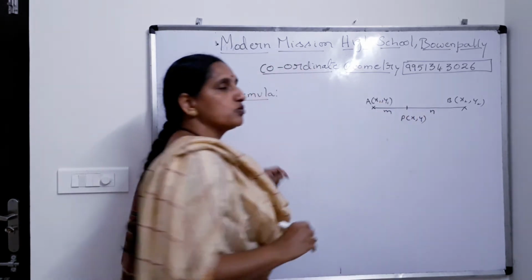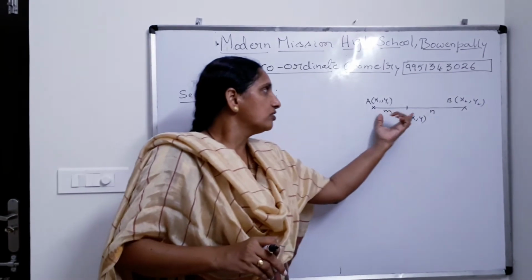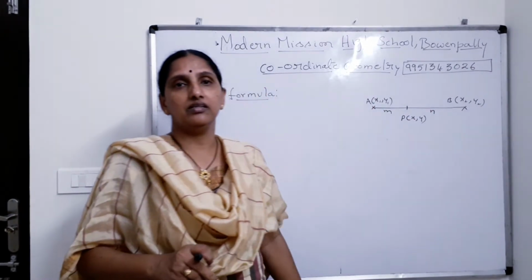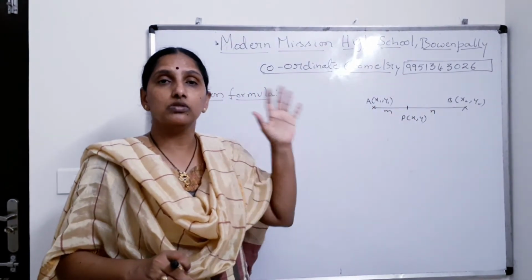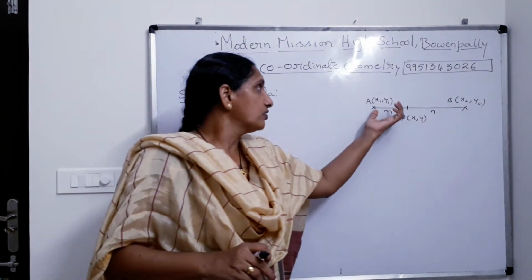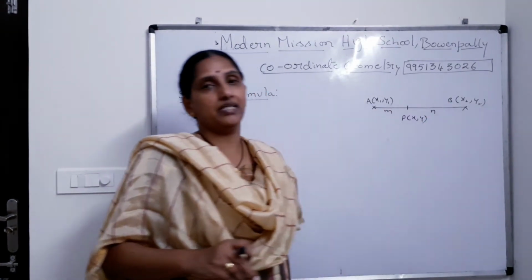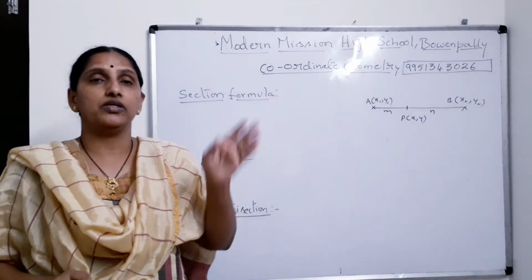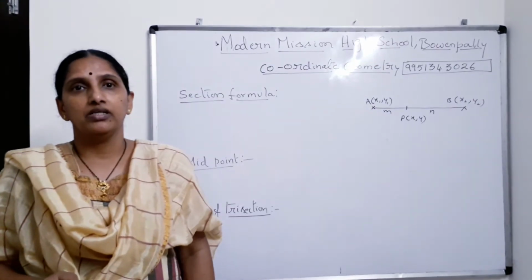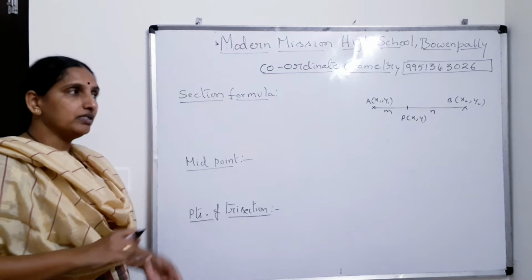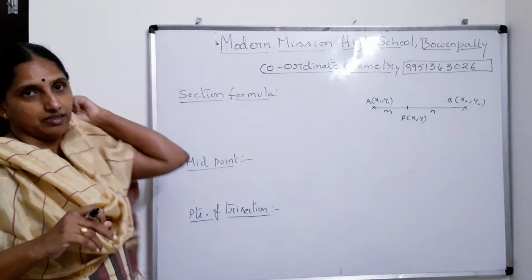In m is to n ratio means out of the total length or total distance, m parts are here and n parts here. Like that, if the point is dividing, how do we find that particular point P of x comma y?